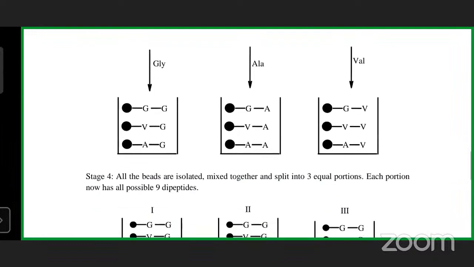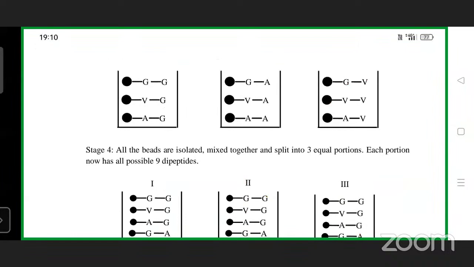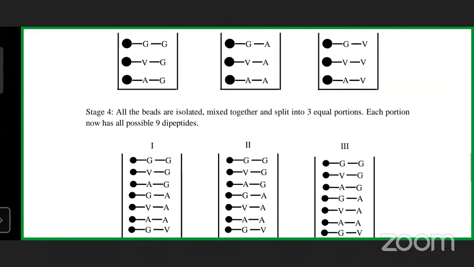Now in the fourth step, you mix all the 3 vessels containing dipeptides into one reaction vessel. In the fifth step, you distribute these dipeptides equally into 3 reaction vessels.